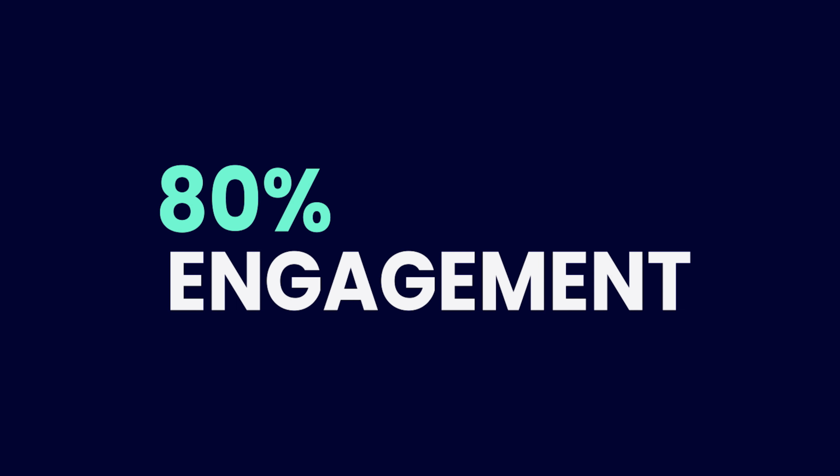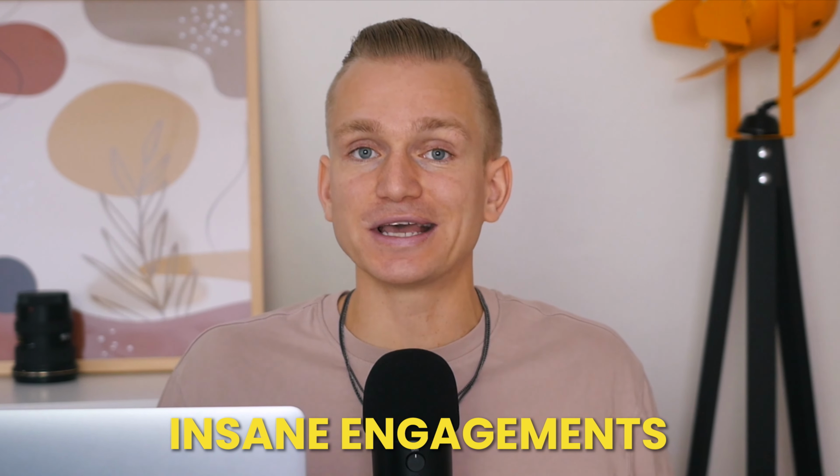Imagine now if you manage to go from 10% engagement to 80% engagement. For Instagram, that would show that there is something with this account. It's exceptionally good because it has insane engagement. So we need to show these posts to more people, and obviously you need to have good content. But then if more people are going to engage, it's going to help you to grow more and more and more.